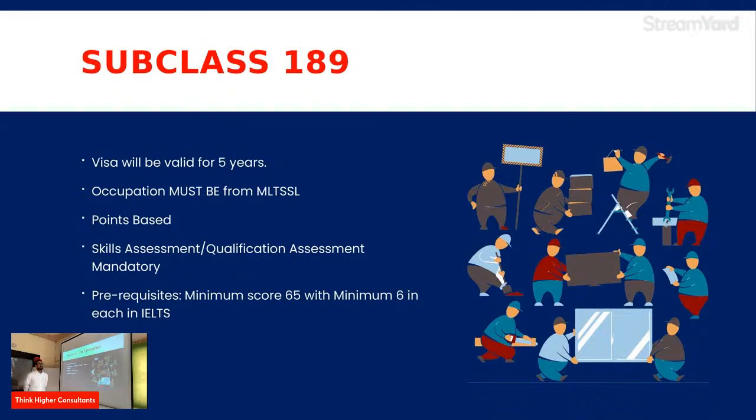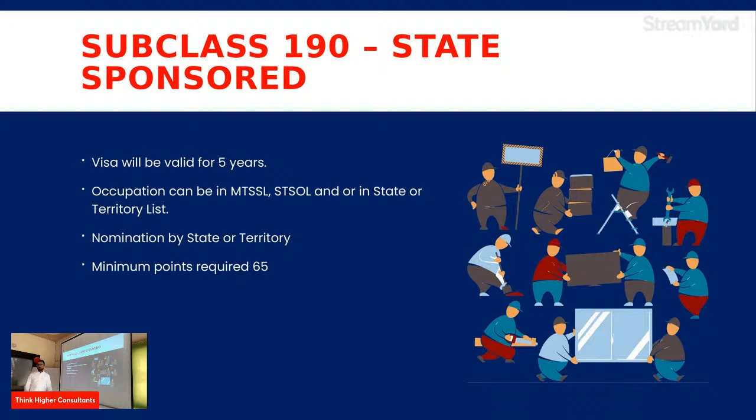Now the second subclass, which is the most important one. Now let's go to the reference in context to the 189. At the moment, 189 invitations are not coming from the Department of Home Affairs, due to their internal policy, they are not inviting much. In the last few months, like at least 1 or 2 months, they have just started doing the 189 invitations, but that is not many.